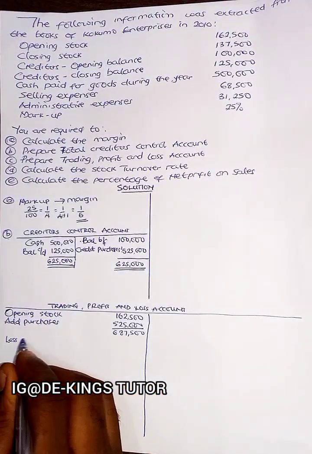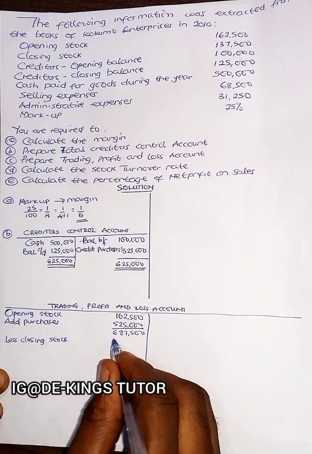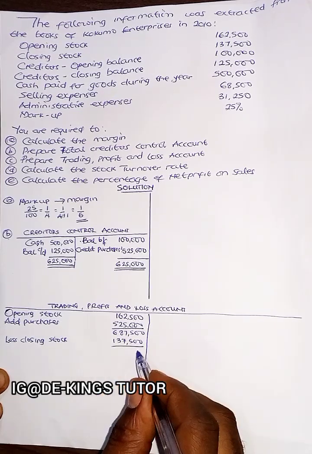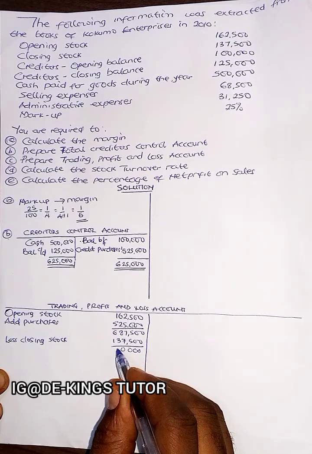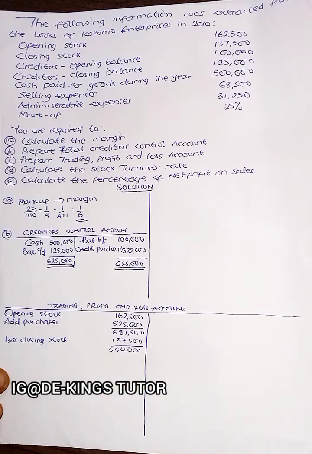So we have less closing stock 137,500. This gives us 550,000. Okay.